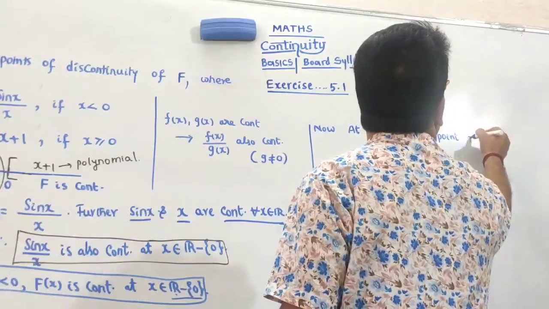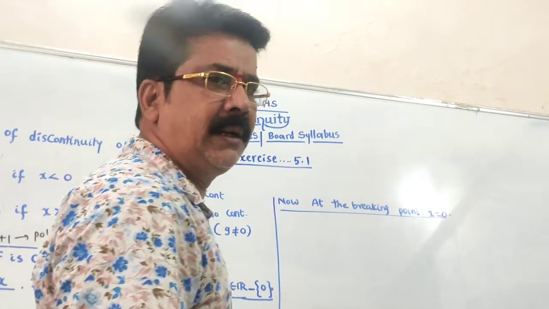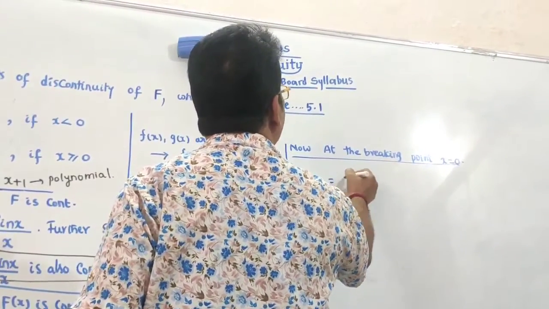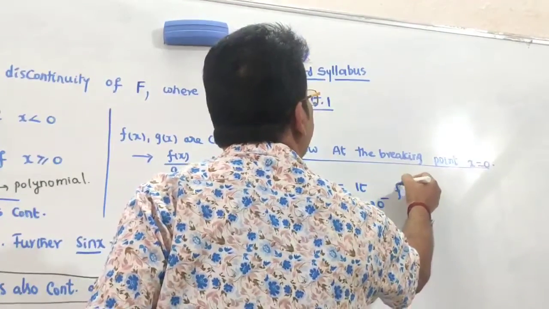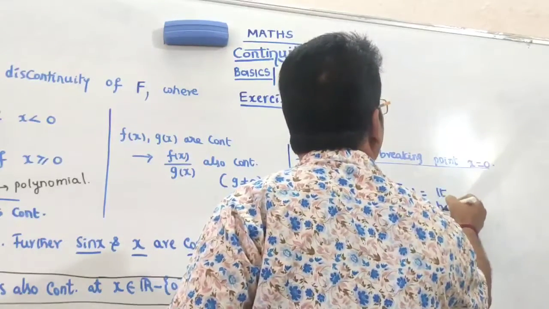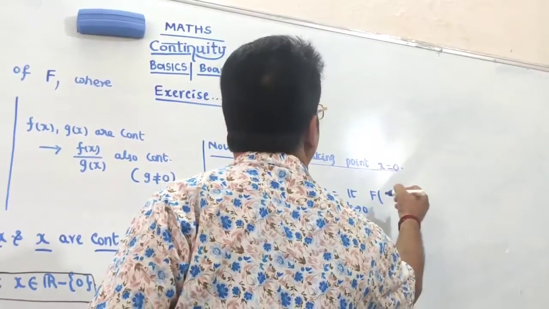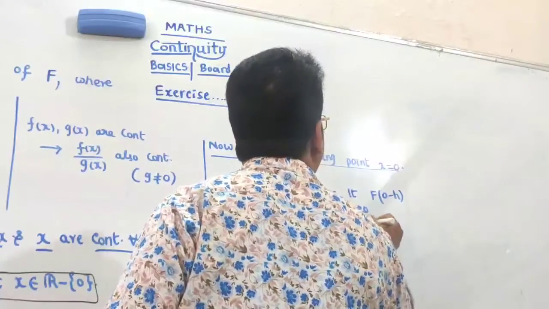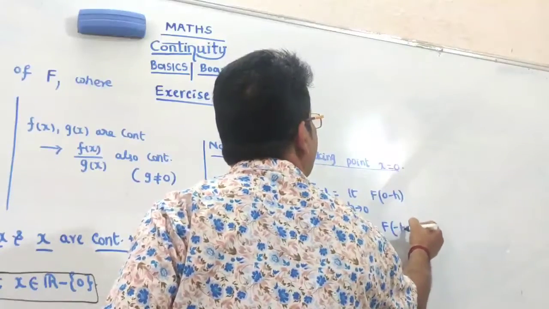At the breaking point x equal to 0, the left hand limit equals limit x tends to 0 minus of capital F of x, that is equal to limit h tends to 0 of capital F of 0 minus h.